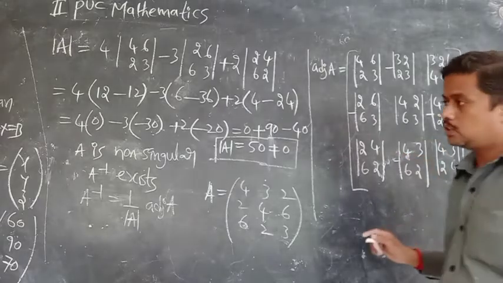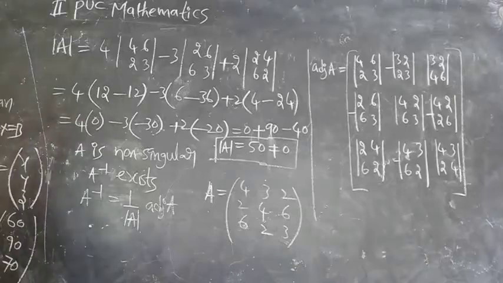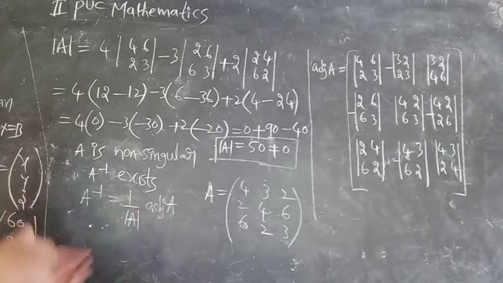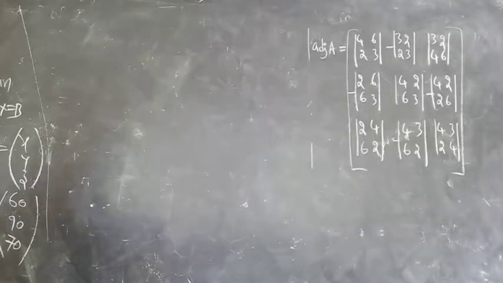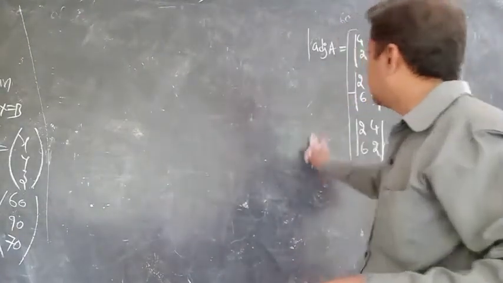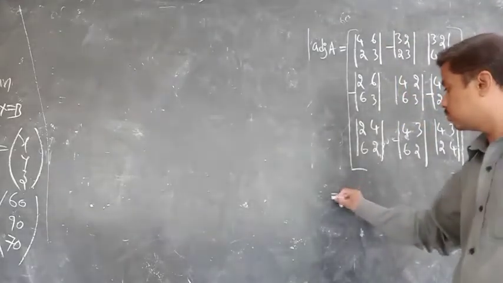Now we have to simplify. So how to simplify? I will tell you. See, how to write this adjoint matrix? I will write it here itself.